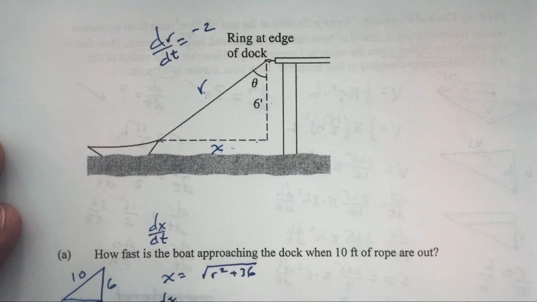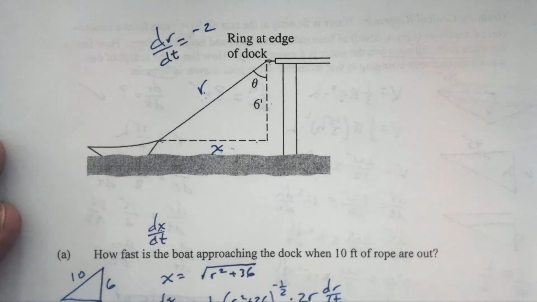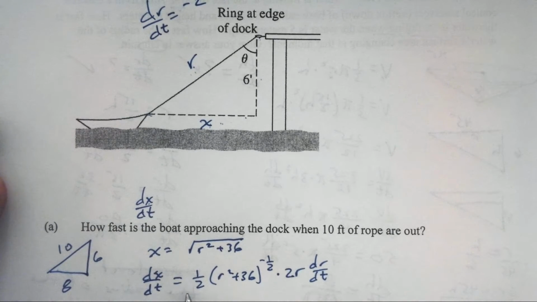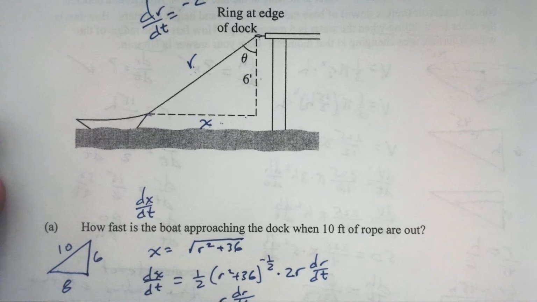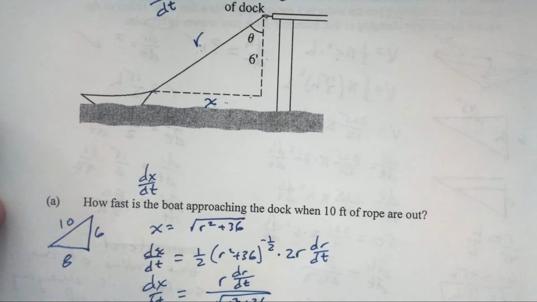So dx/dt equals 1/2 (r squared plus 36) to the -1/2 times 2r dr/dt. And that simplifies, the 2's cancel. I get r dr/dt on the square root of r squared plus 36. That's dx/dt.